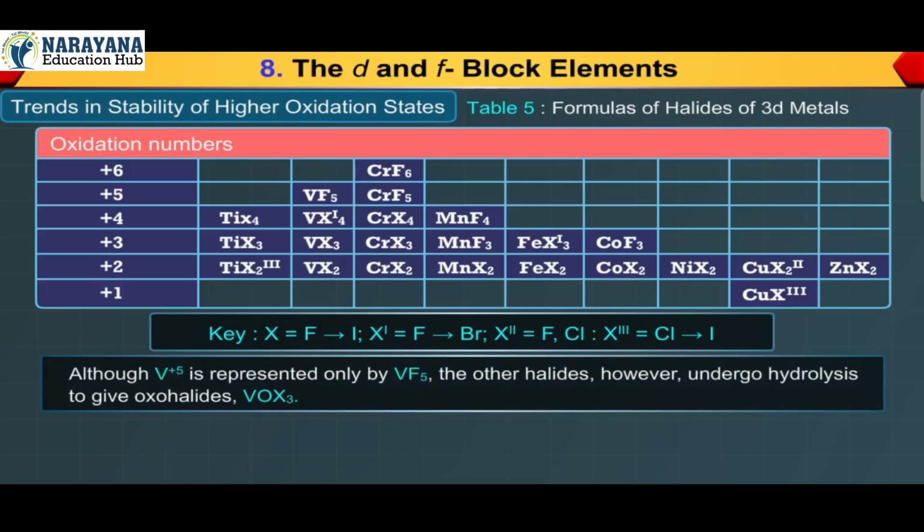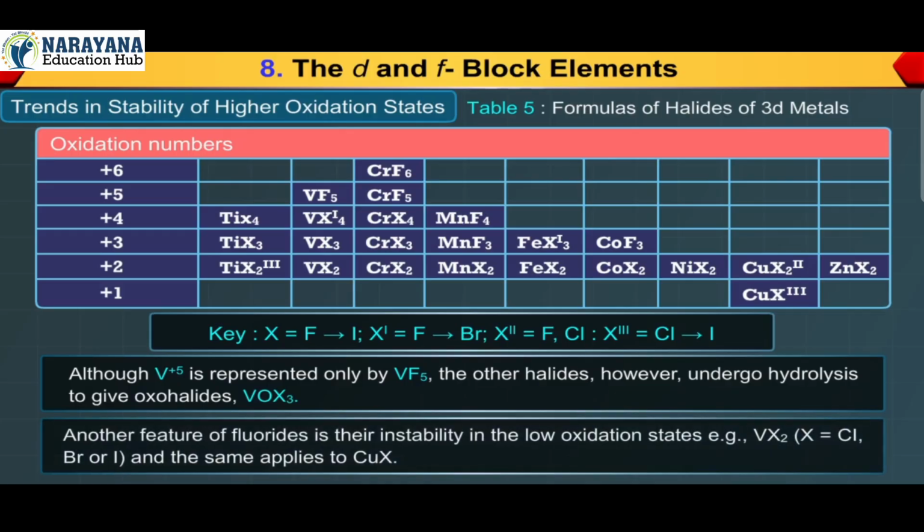Although V(+5) is represented only by VF5, the other halides undergo hydrolysis to give oxohalides, VOX3. Another feature of fluorides is their instability in the low oxidation states, for example VX2, where X is Cl, Br or I, and the same applies to CuX.